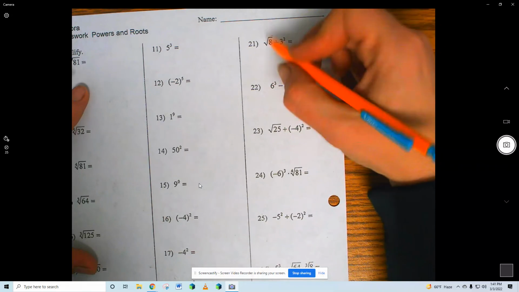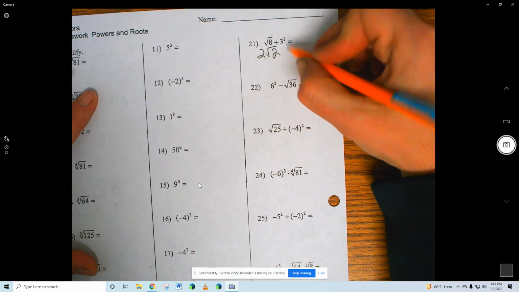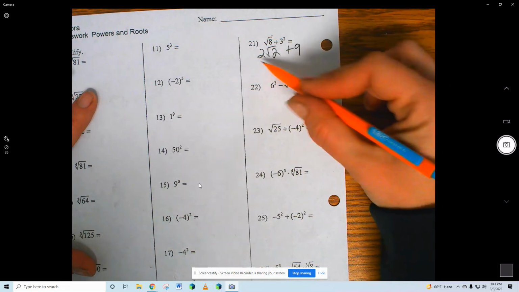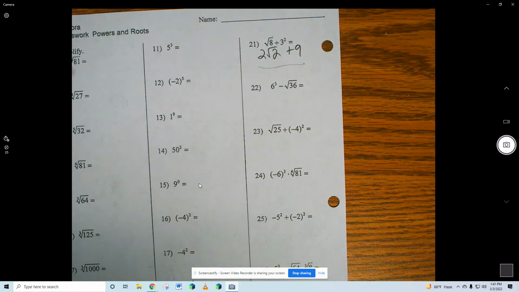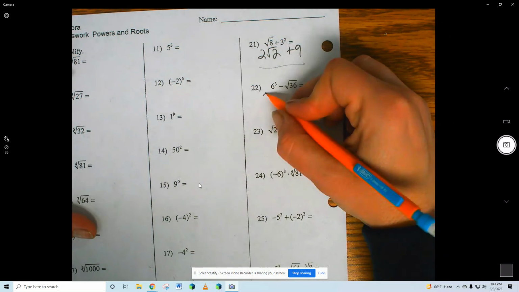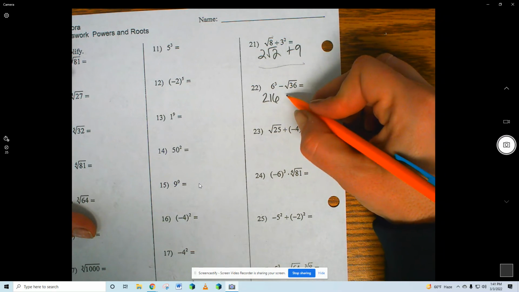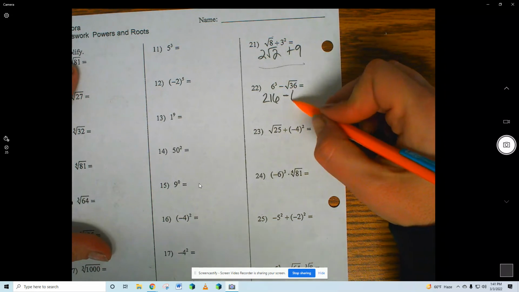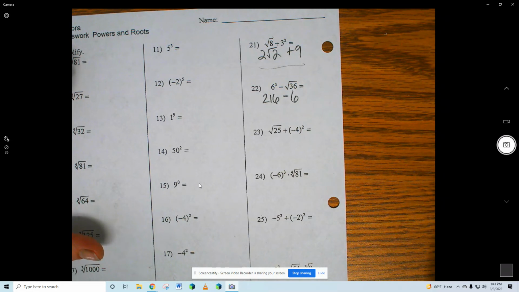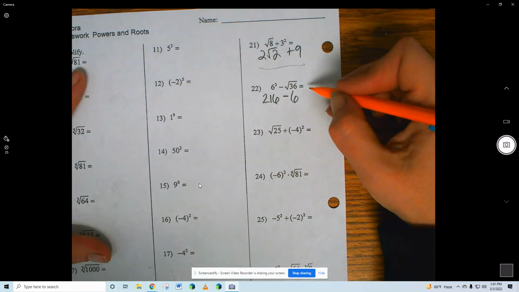Because the square root of 8 is 2 rad 2 plus 9. You would just leave it. 2 rad 2 plus 9. 6 to the third, you guys didn't know it. It's 216. Minus the square root of 36. Well, the square root of 36 is 6. So 216 minus 6 is 210.